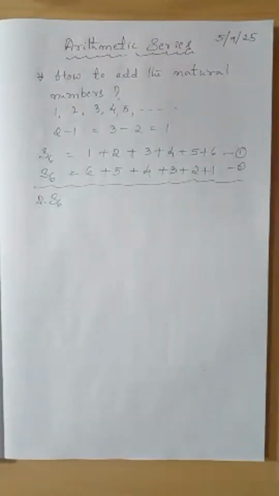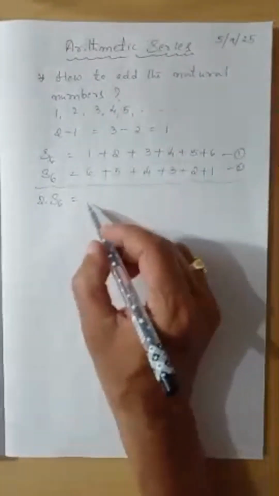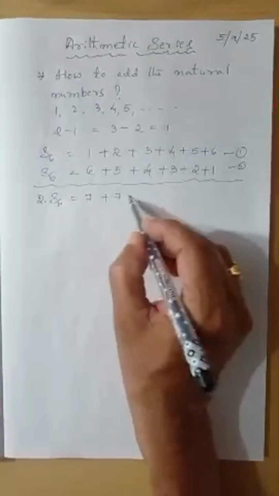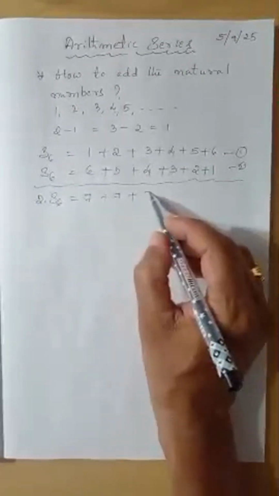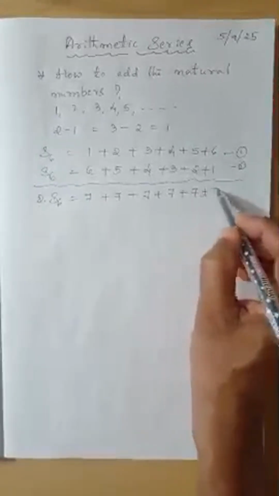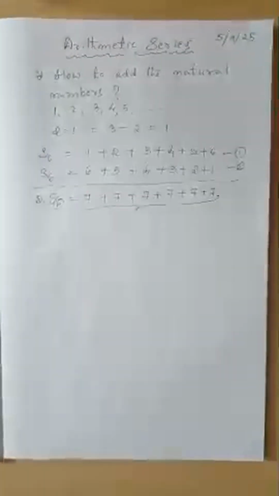So by adding, you get 2 times S6, equivalent to: adding 1 plus 6 is 7, adding 2 plus 5 is 7, adding 3 plus 4 is 7. In the same way, every pair gives 7. How many times is 7? That depends upon the number of terms taken, so 6 times.